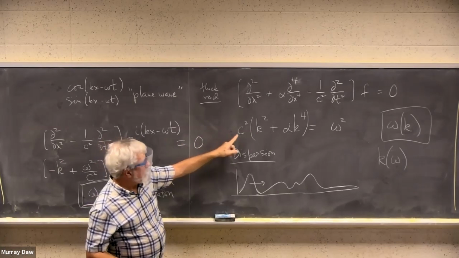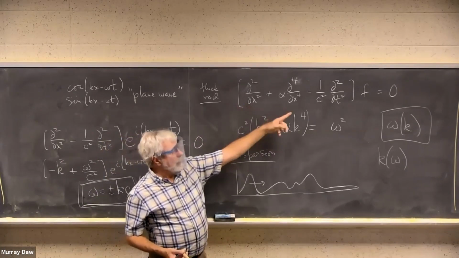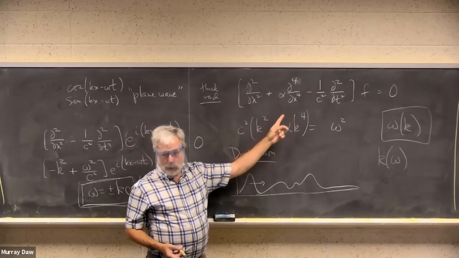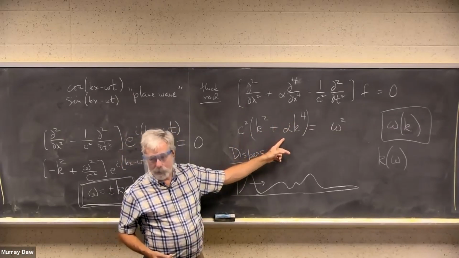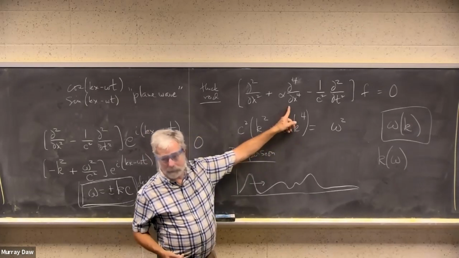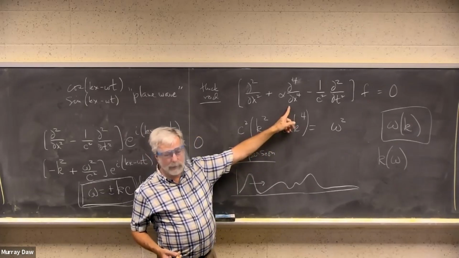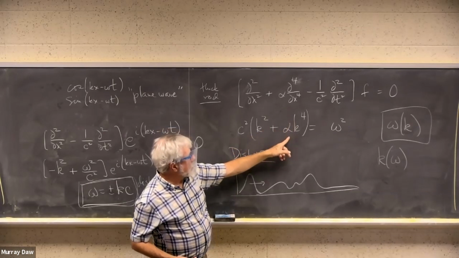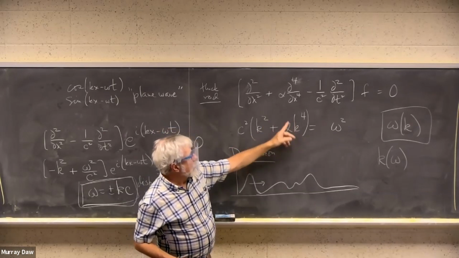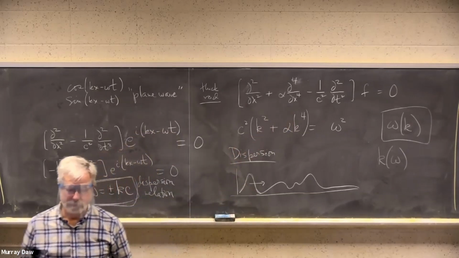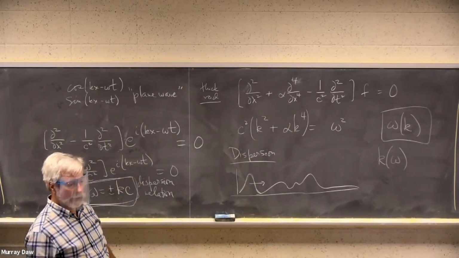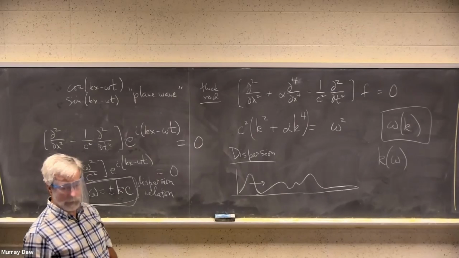So if it's simple like this, you can almost figure out how the wave equation must be formed in order to give this dispersion relation. This k to the fourth here comes from that. So you can often just pick out the dispersion relation, and analytically you could figure out the wave equation that goes with it. Okay. Questions?